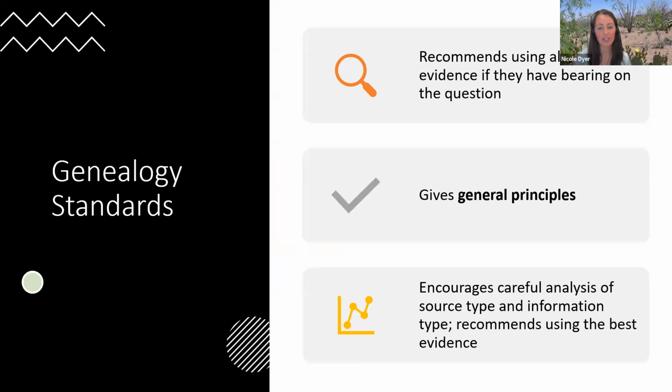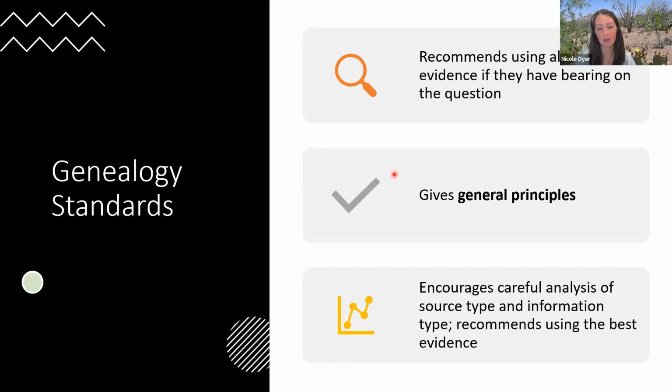Genealogy Standards is a little different from the DAR standards because they recommend using all types of evidence if they have bearing on the question. They don't want you to limit your evidence to what will fit on their form. And it also focuses on general principles that can be applied to all sources. And so it doesn't go into detail like the DAR handbook does, where it talks about Find a Grave and censuses and stuff.